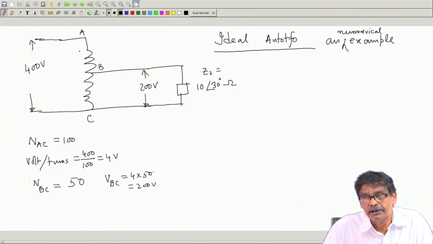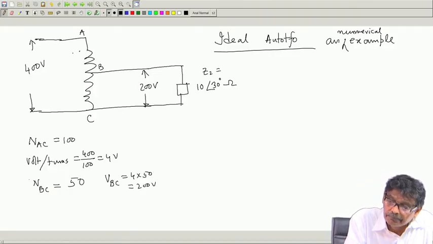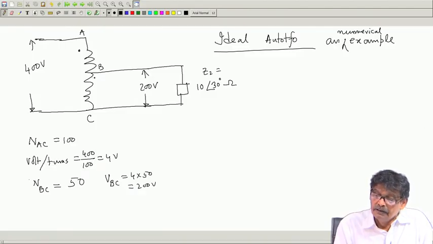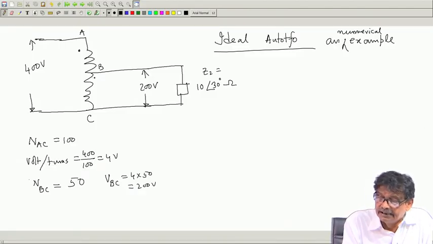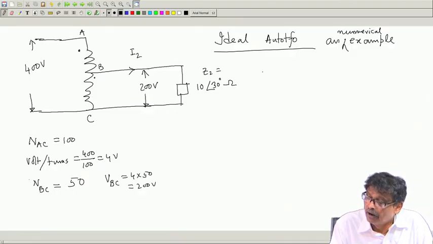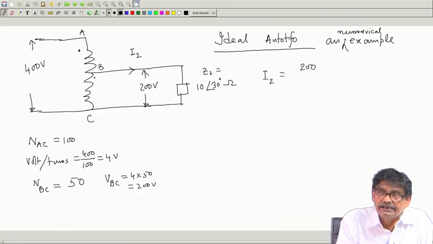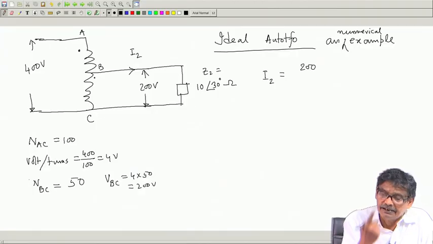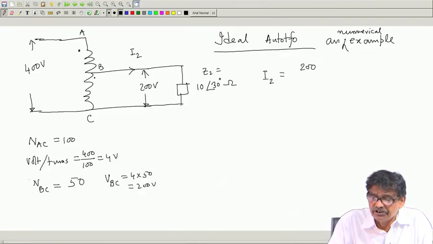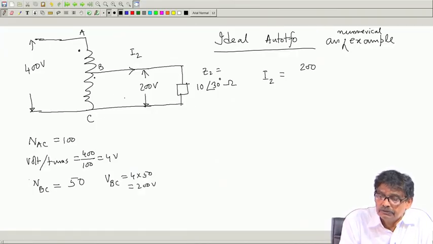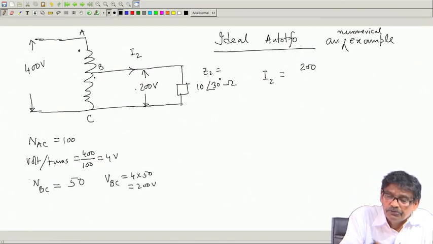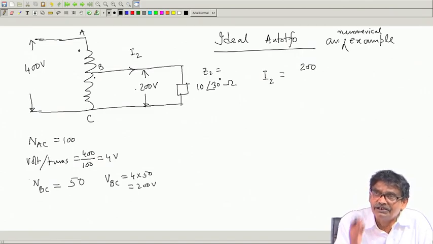Now, I have been asked to calculate currents in all the parts of the auto transformer, and mind you, this is dot, this is dot here. First thing what I can see is that I can calculate this current I 2. So, I 2 will be 200, all voltages will be in phase, because same flux links all the voltages, and there is no distinction between V 2 and E 2, no distinction between V 1 and E 1, they are one and the same, and all the voltages are in time phase.